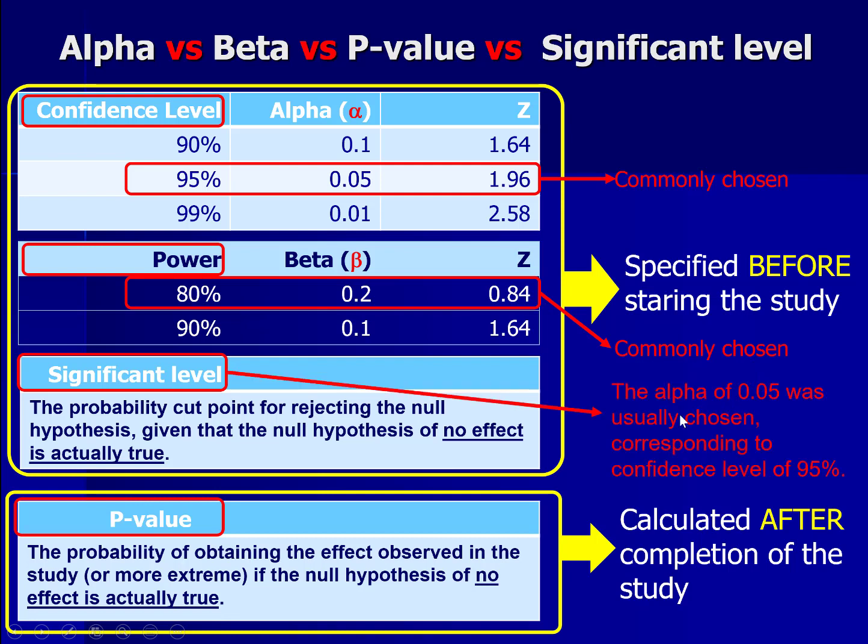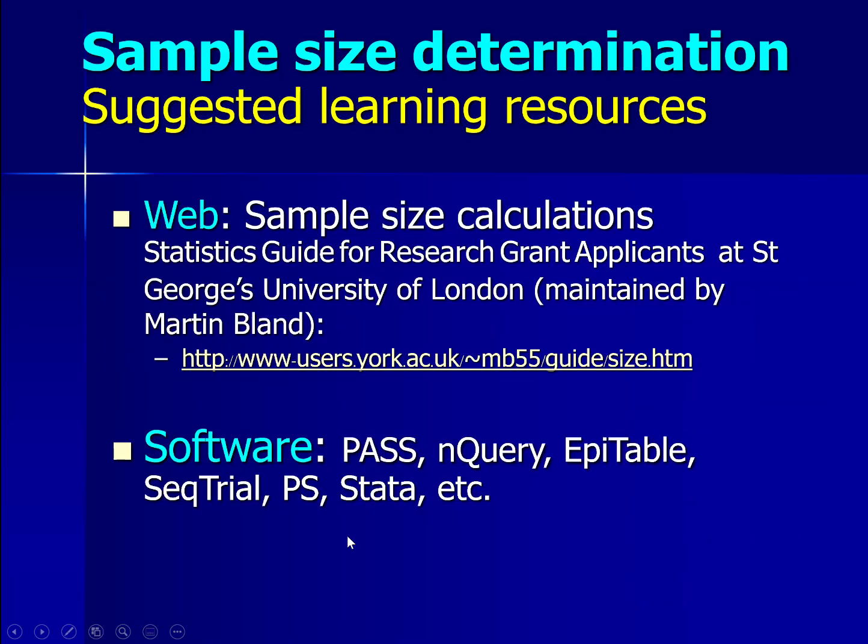For the significance level, an alpha of 0.05 is usually chosen, corresponding to the confidence level of 95%. If you want to go for the 99% confidence interval, the significance level is 0.01. So these two things usually correspond to each other.